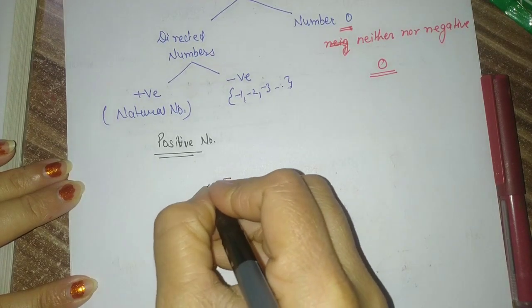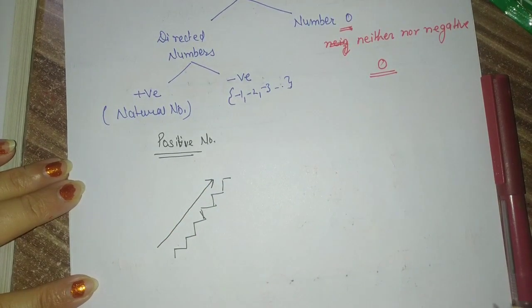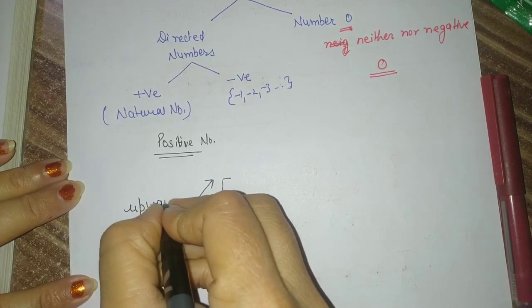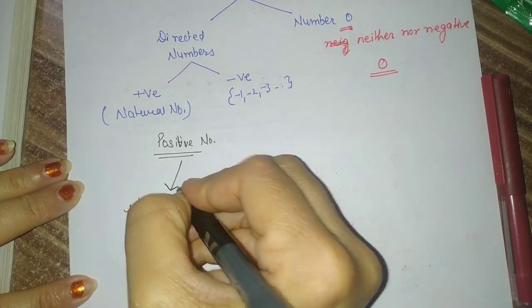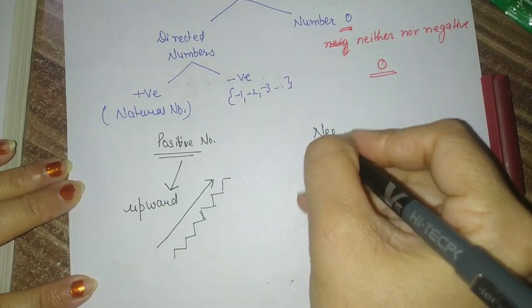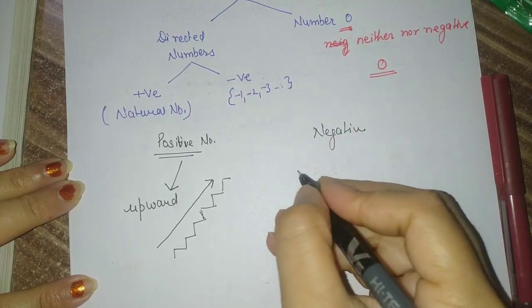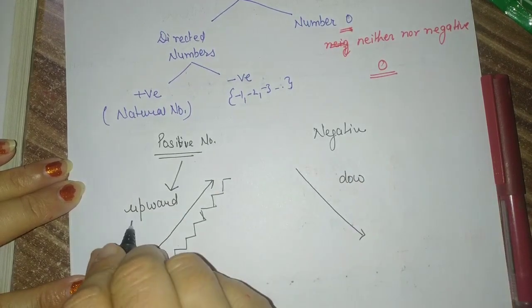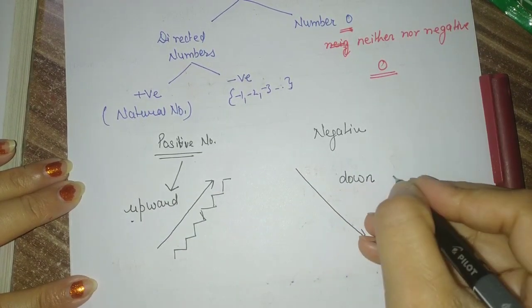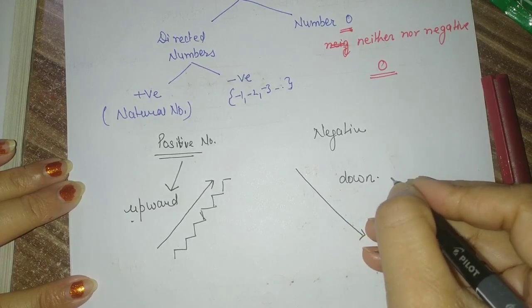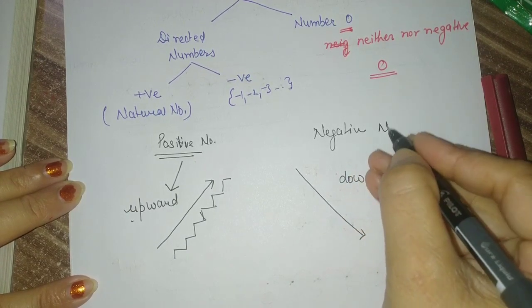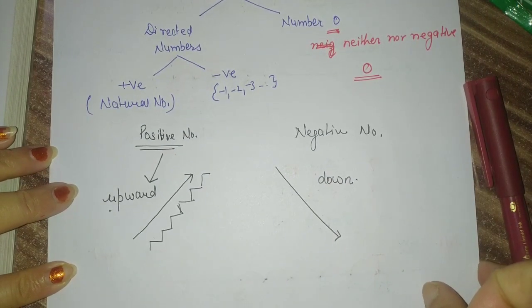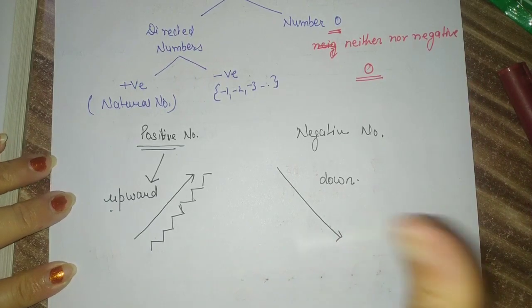If we move toward the upside, moving upward, that is a positive number. For negative, same: if we move toward the downside, the opposite, up's opposite is down. If we move downward, that means the number is negative. That means a negative number is the opposite of a positive number.